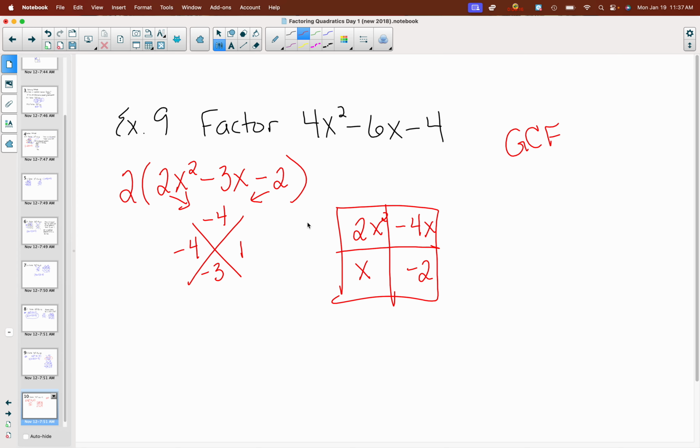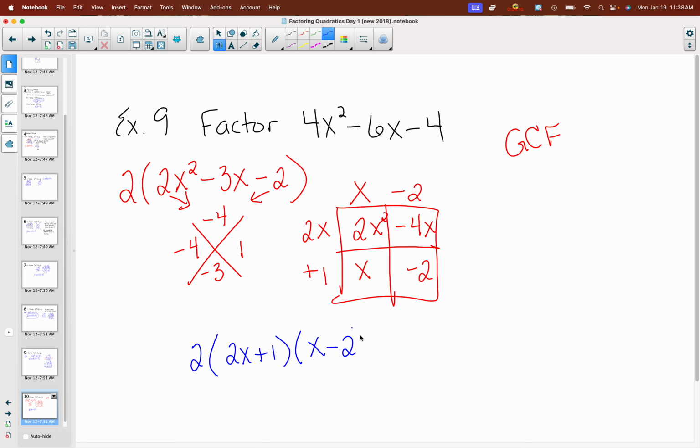I'm going to factor out a 2x, that's my GCF, which means this is an x, which means this is a minus 2 to make that work, which means this is a plus 1. Negative 2 times 1 is negative 2, so that works. So my answer, don't forget the 2 that we factored out originally, and then we have a 2x plus 1 and an x minus 2.